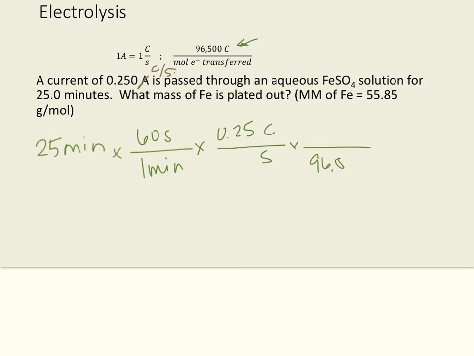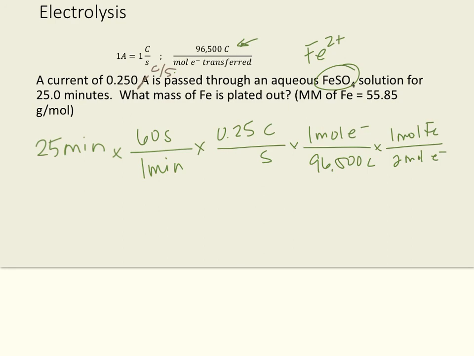There's 96,500 coulombs per mole of electrons transferred. And with iron 2 sulfate, that would be iron 2 plus. So that would mean that this was losing 2 electrons for every mole of iron.